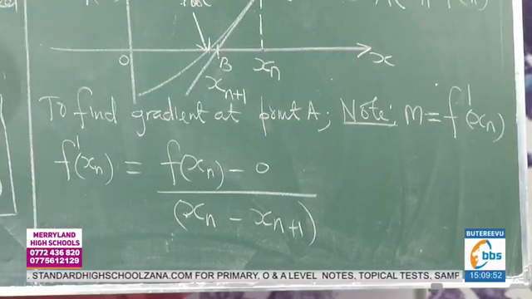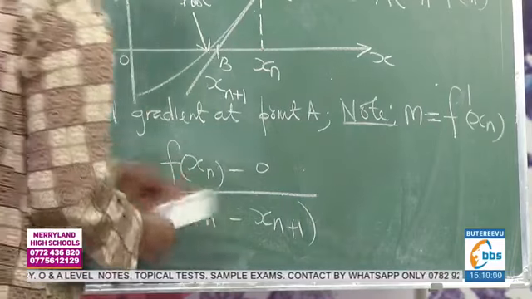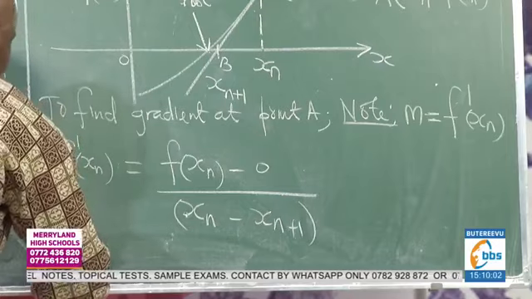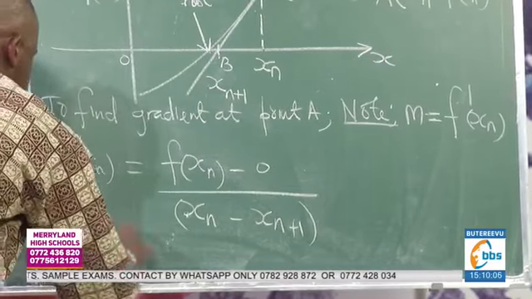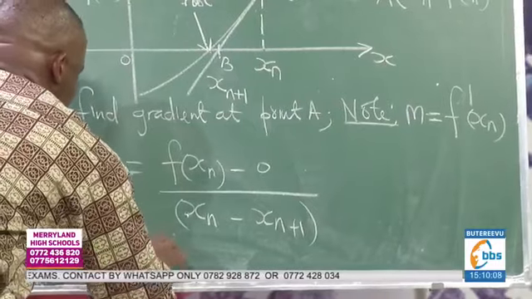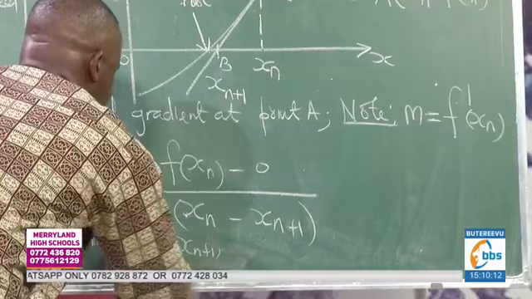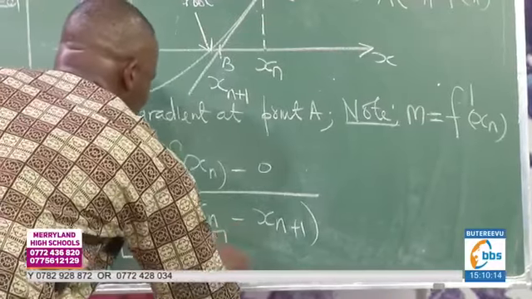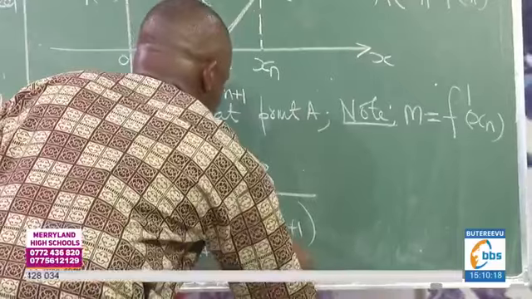That is our gradient, and we are going to work through this expression to make xn plus 1 the subject. If we cross multiply, we shall have f prime xn into xn minus xn plus 1 being equal to our f of xn.